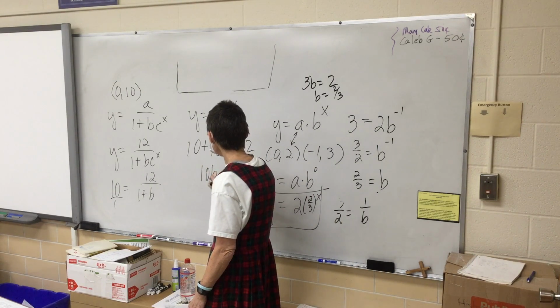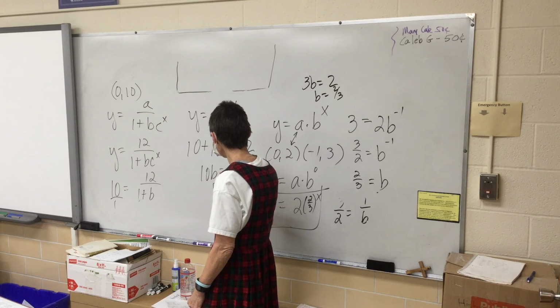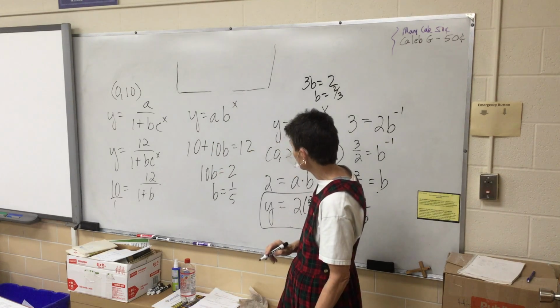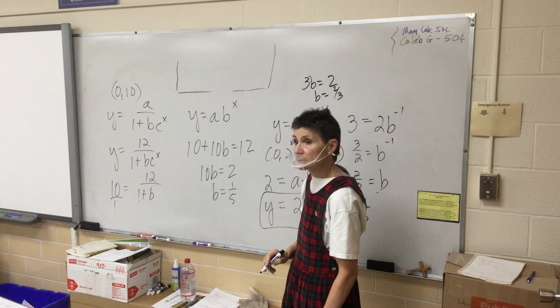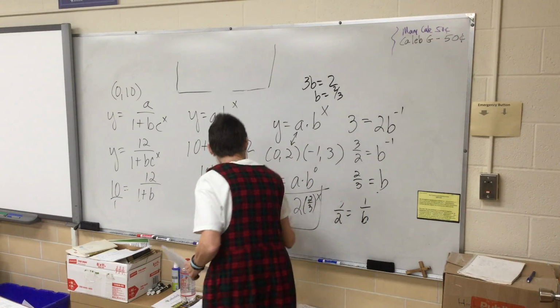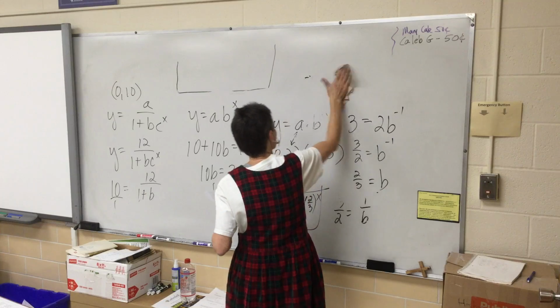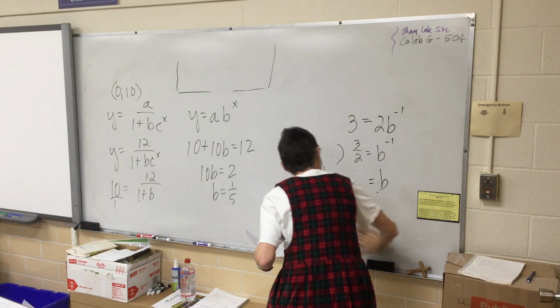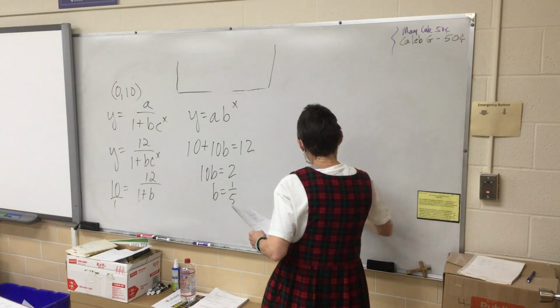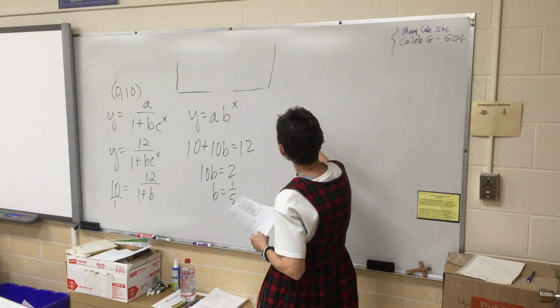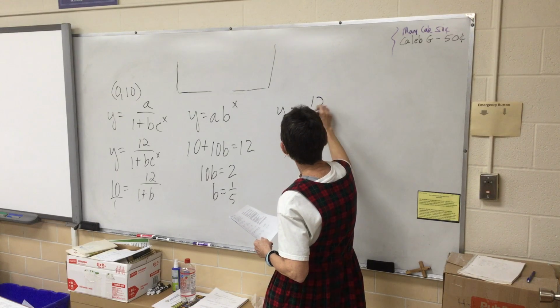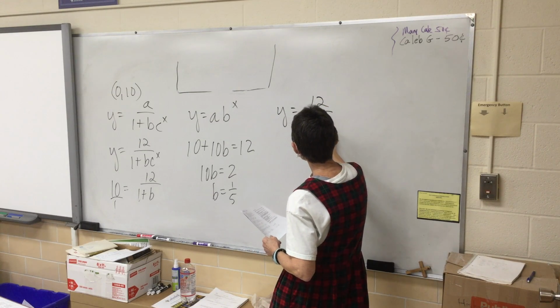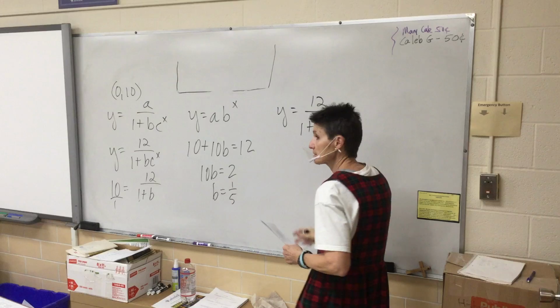And 10b equals 2, so my b must be 1/5 if I divide by 10. Now, I have an equation that looks like this: y equals 12 over 1 plus 1/5 c to the x.